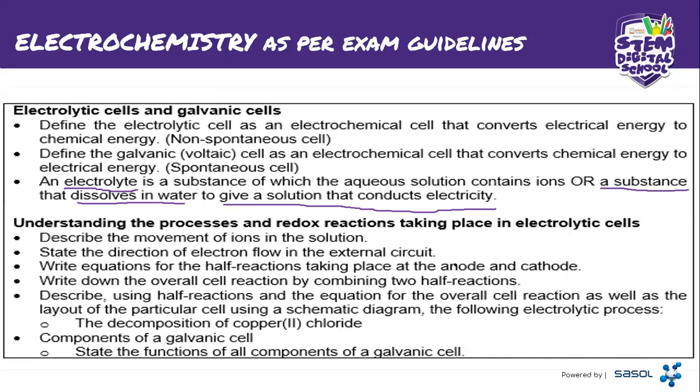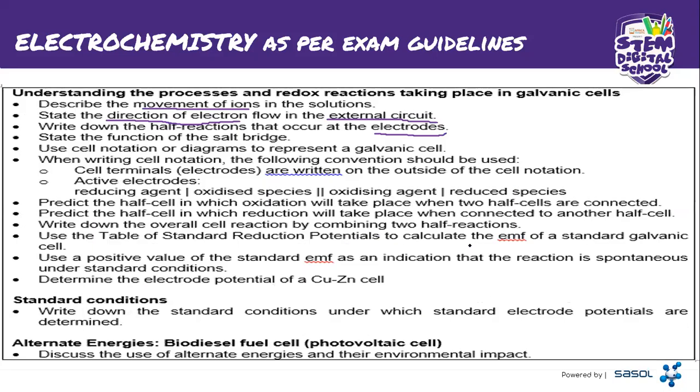Furthermore, my dear learners, and remember we are revising this, we must be able to state the function of the salt bridge. And remember, I gave you two functions altogether. The first function that I gave you, I said a salt bridge connects the two half cells to complete the circuit.